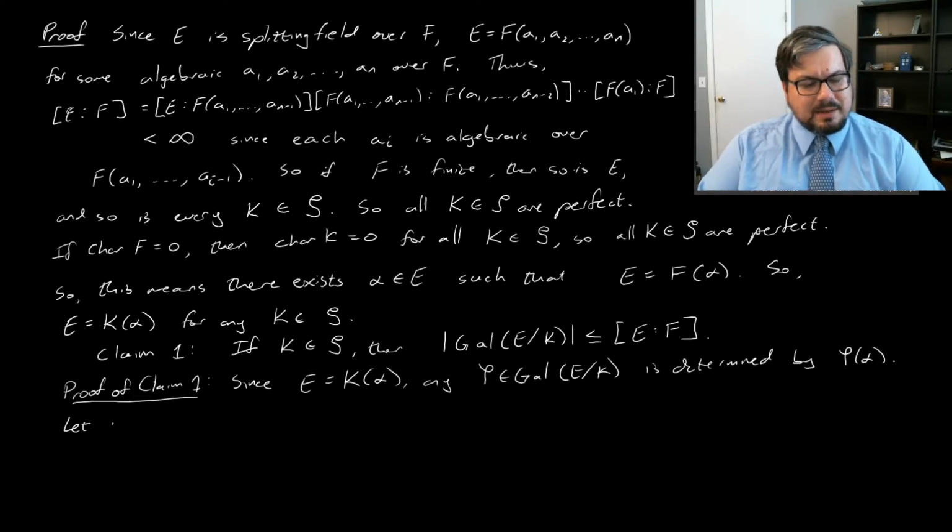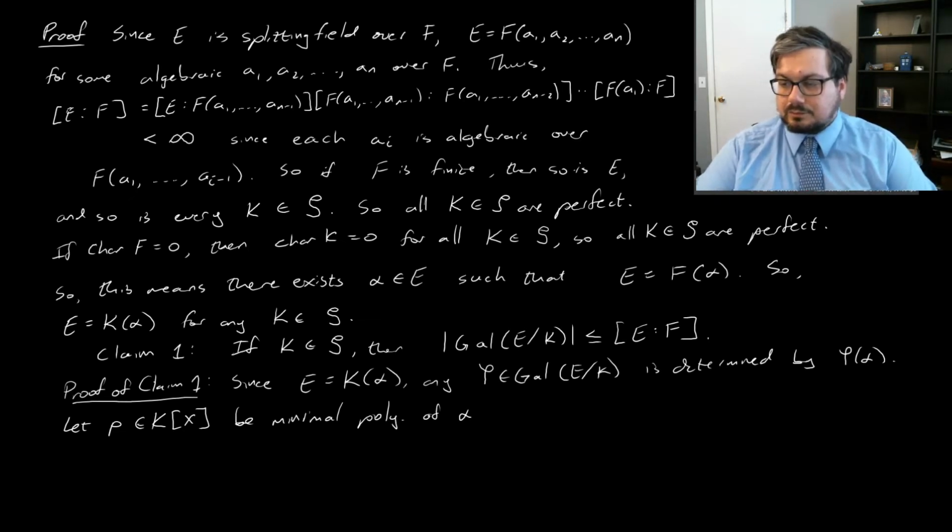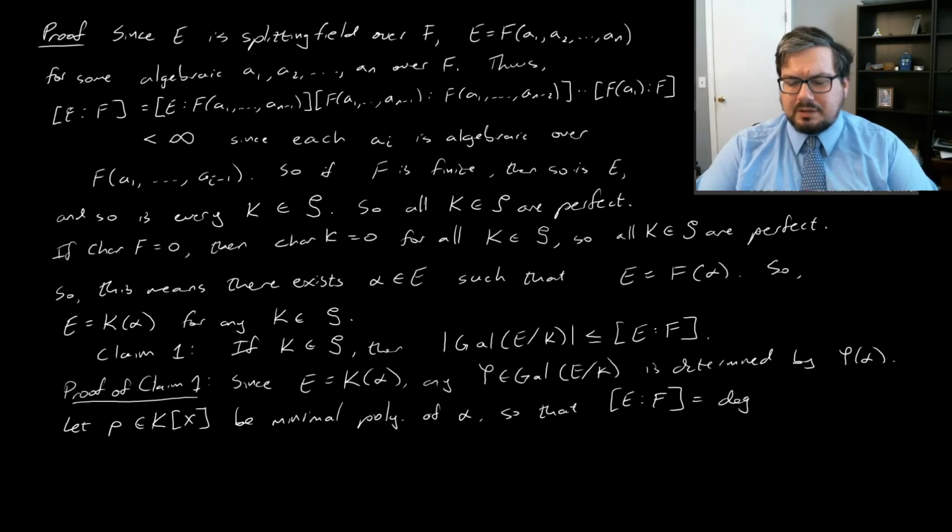So let P in K[X] be the minimal polynomial of alpha, so that the order of E over F is equal to the degree of P.